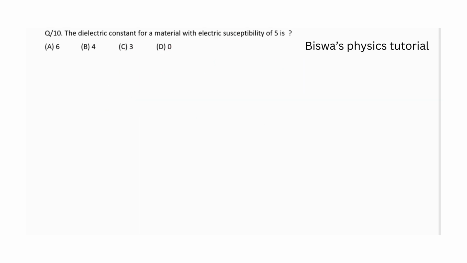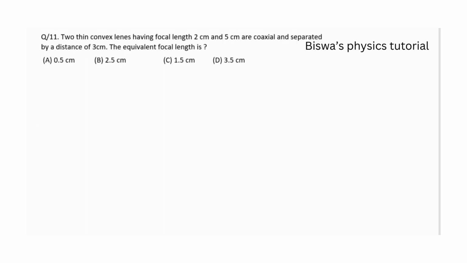Our next question is question number 10. It asks to find the dielectric constant of a material with an electric susceptibility of 5.